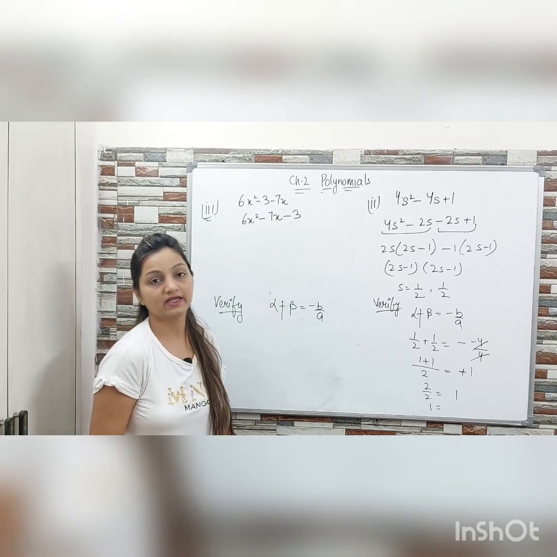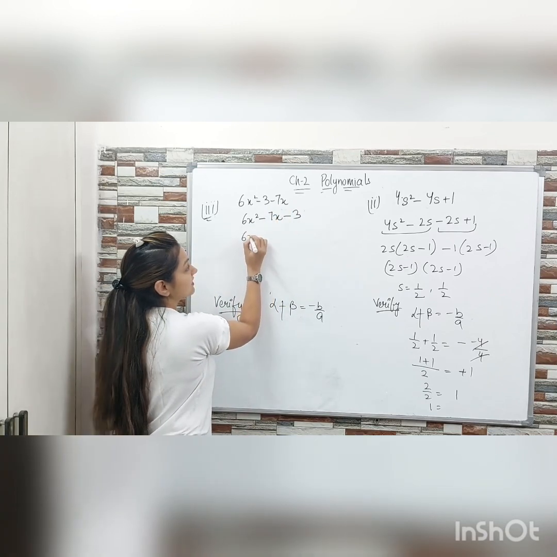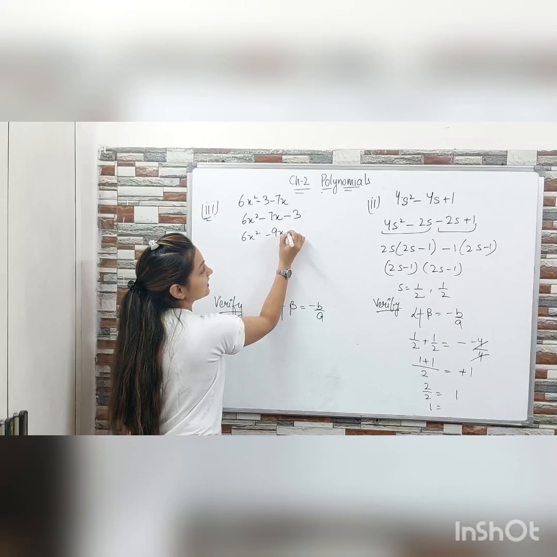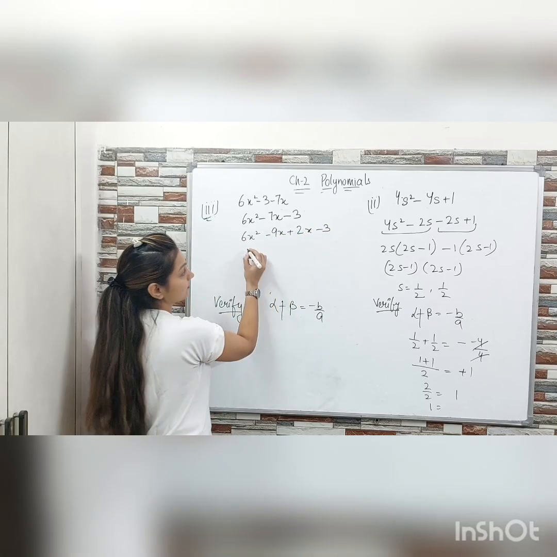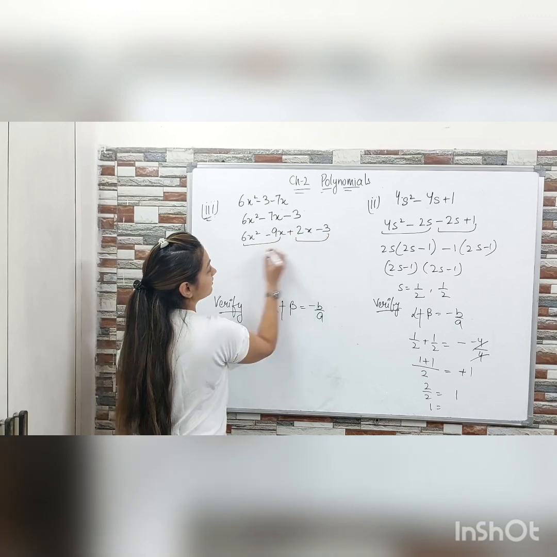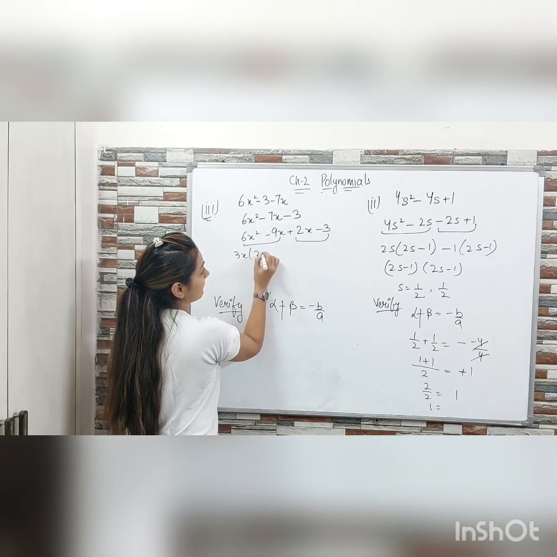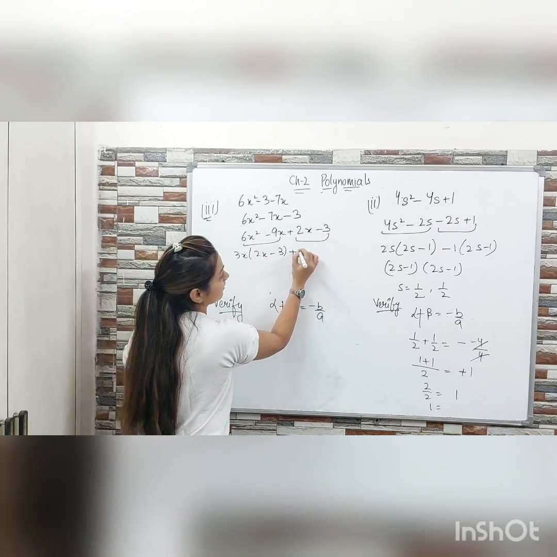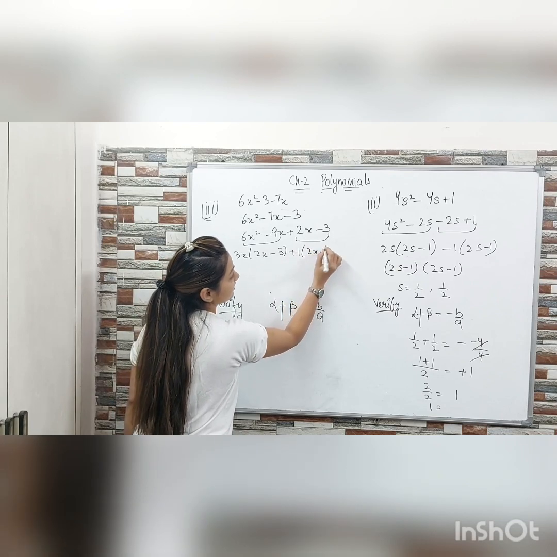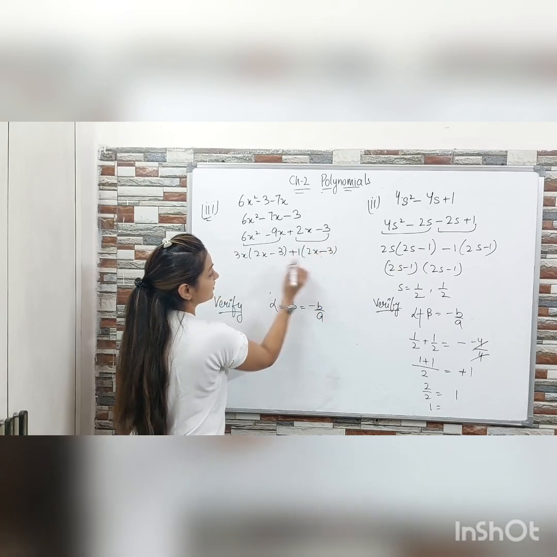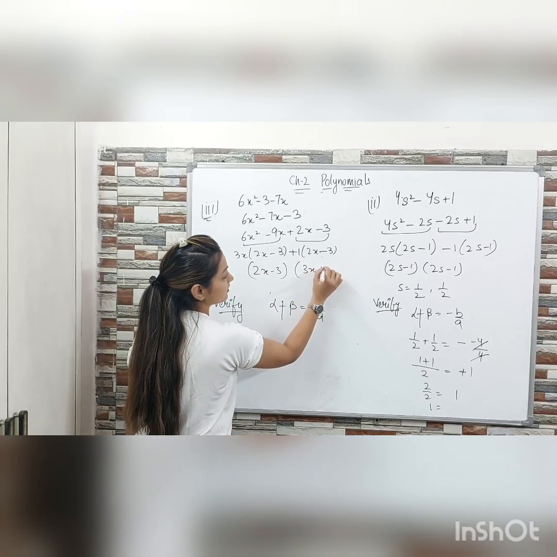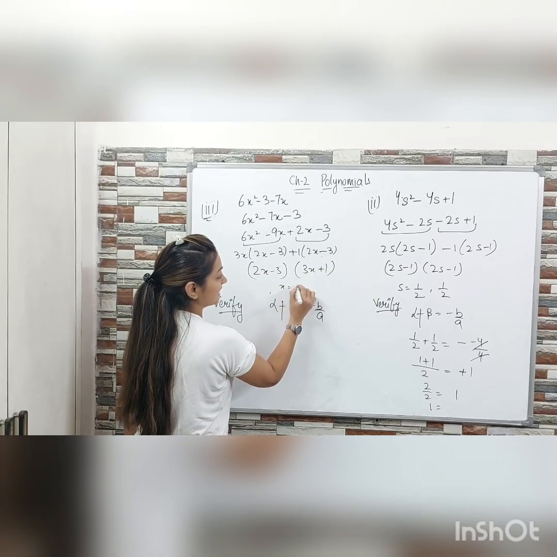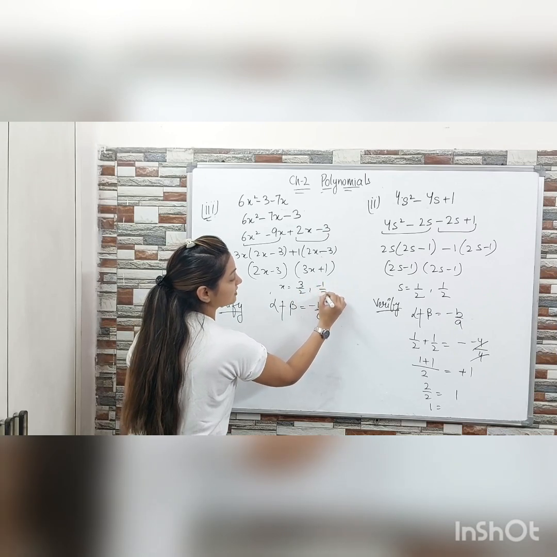Now I will do the middle term split: 6x square minus 9x plus 2x, because I want 18. Take out the common. Now the factors I got are 2x minus 3 and 3x plus 1. So the answers are x equal to 3 upon 2 and minus 1 upon 3.